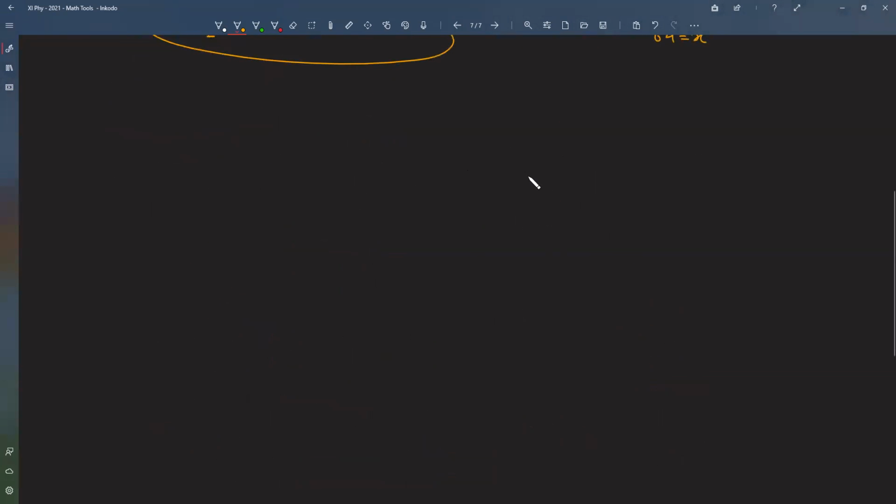For example, we know that 7 to the power 3 is 343. So if I want to write it in log form, I will write log 343 to the base 7 is equal to 3. So what power of 7 will give you 343? This is how you have to read it.